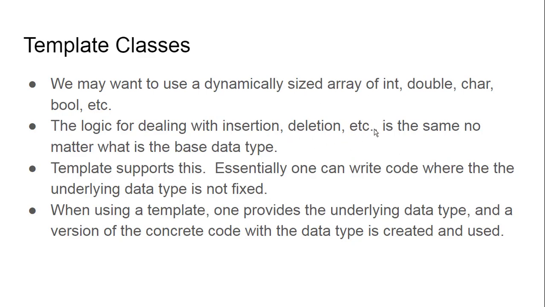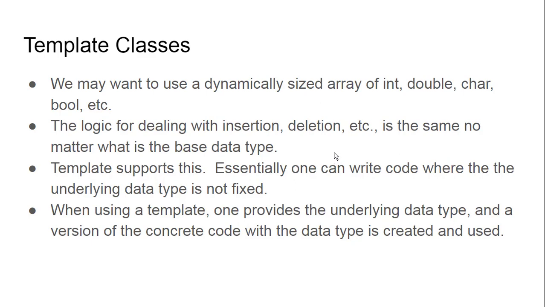So in order to support that, we have the notion of template. A template can be viewed as you write code, but some of the data type, and more generally, things other than data type, like constants, are not decided yet. But for now, let's just focus on when I write a piece of code, some of the base type is not fixed.